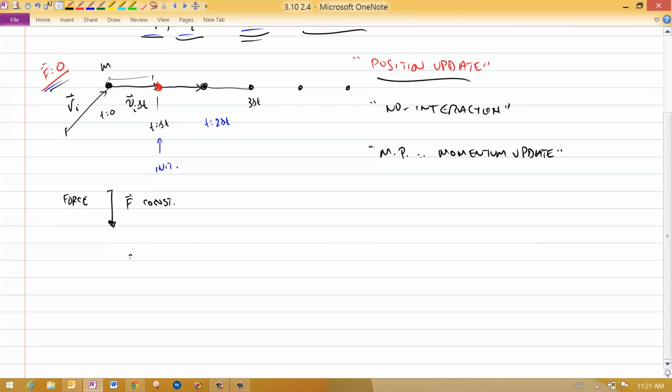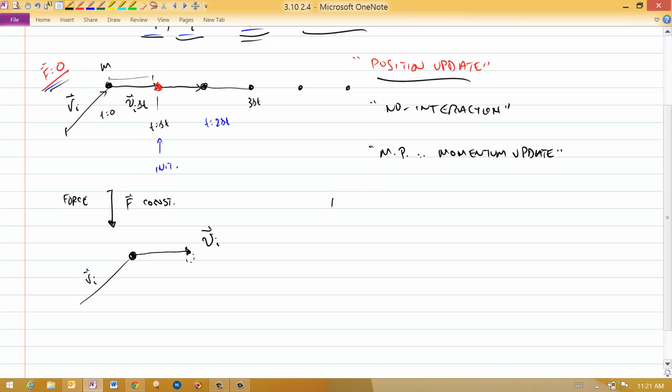Again, I've got a particle that starts here. There is my r initial, and that is my v initial. If there were no force at all, I would wind up exactly here. But there is a force.